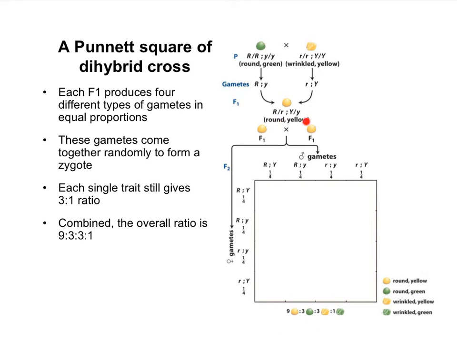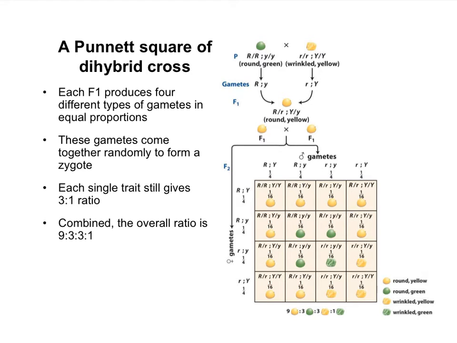Let's take a look at the answer. As you see, the answer is exactly that. If you counted up all the round yellows, you see 1, 2, 3, 4, 5, 6, 7, 8, 9. If you count up the round green, 1, 2, 3, the wrinkled yellow, 1, 2, 3, and the wrinkled green, you'd have 1, so 9 to 3 to 3 to 1.